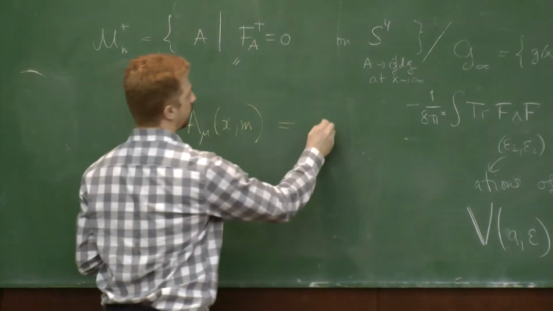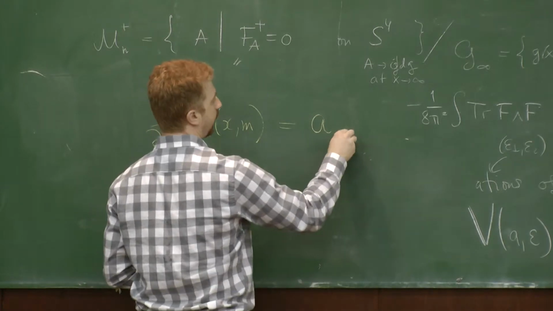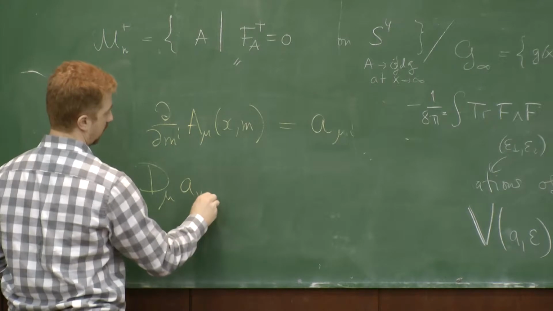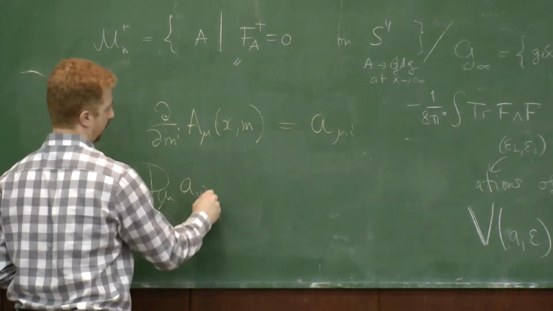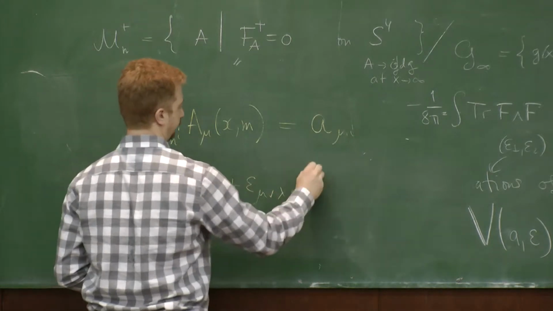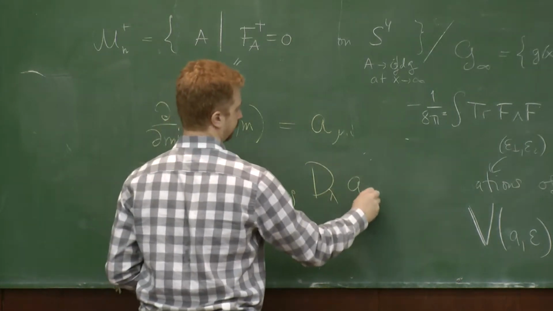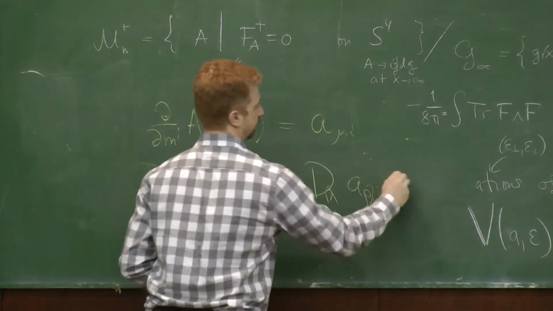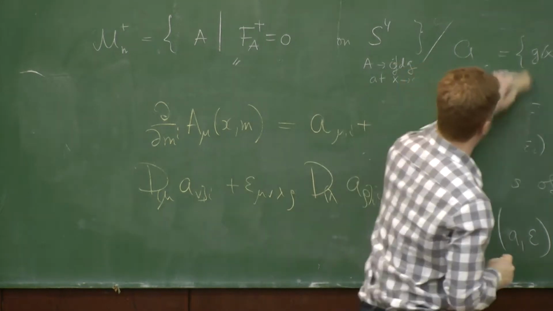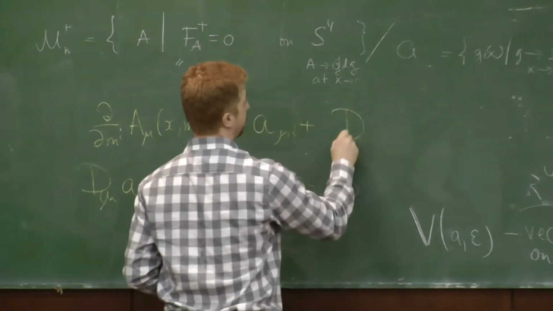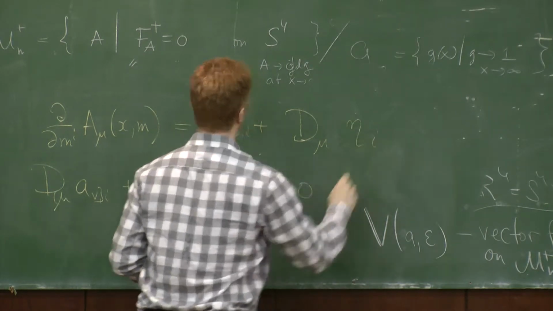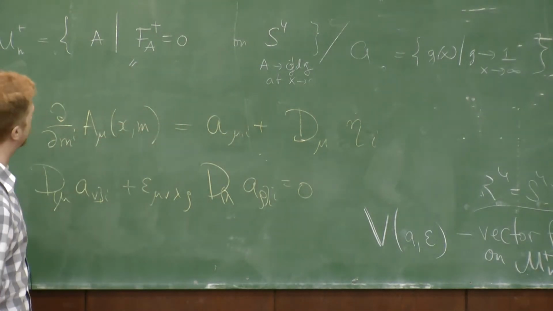So when you differentiate, what you get is some solution of the linearized self-duality equations, plus, perhaps, an infinitesimal gauge transformation, which depends on the direction in the moduli space at which you are pointing.